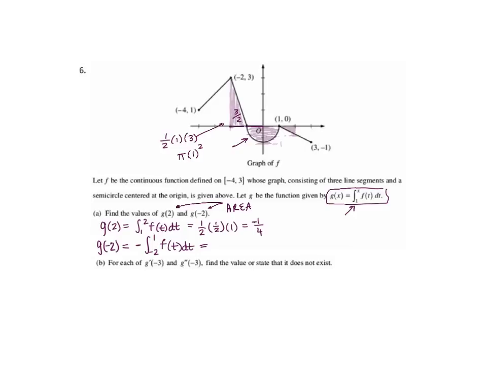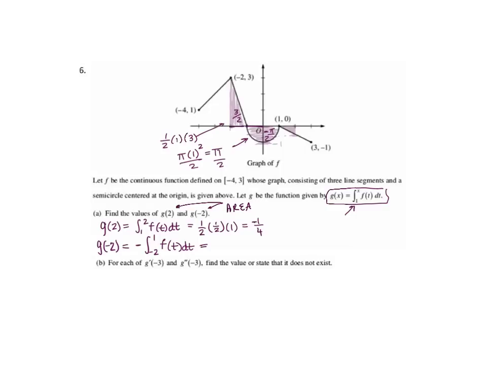And so here we are going to have all of that. So that's going to end up giving me pi, but keep in mind this is a semicircle, so I have to divide that by 2. So that's going to be my bounded area. And it's going to be a -pi/2 because you are below the x-axis.